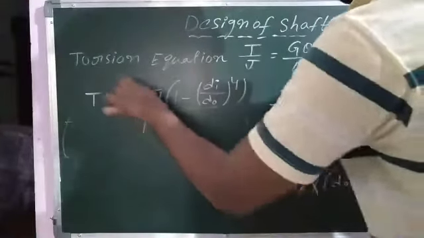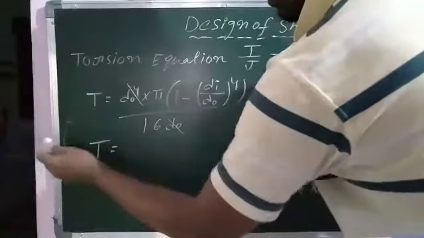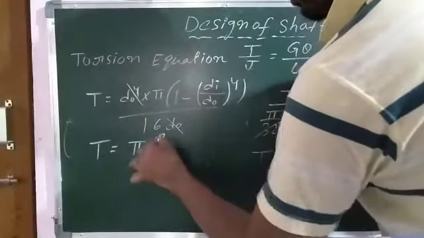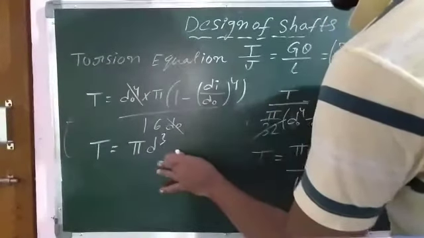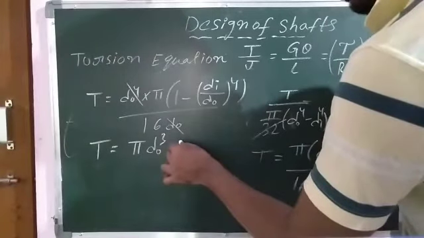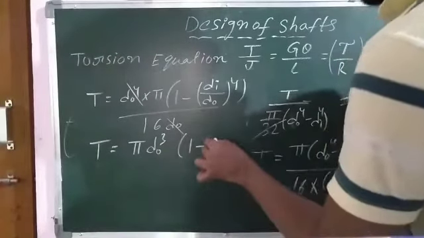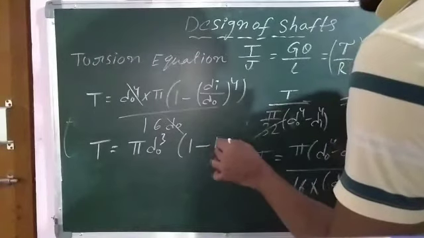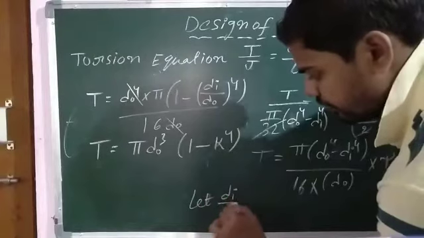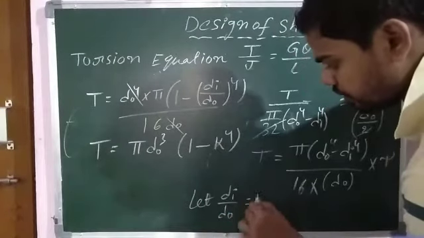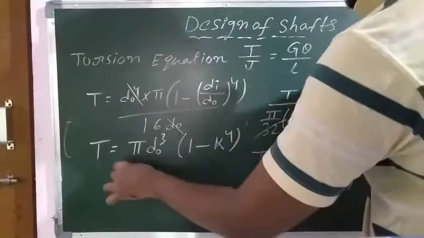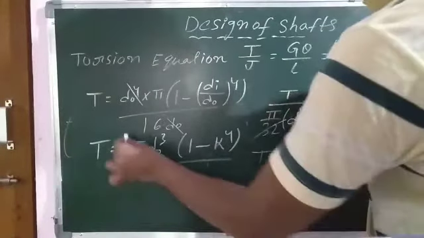The d naught cancels, and T is equal to pi d naught cube, what is the remaining? 1 minus k power 4, divided by 16, where let us say di by d naught is equal to k, into tau.